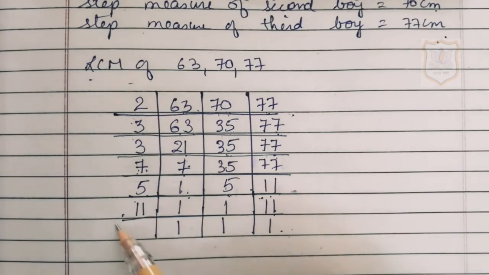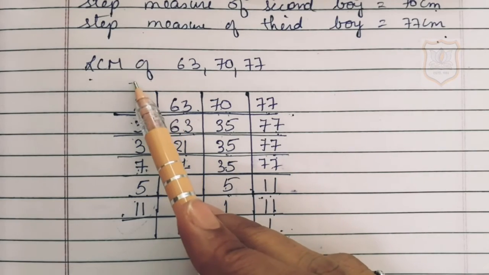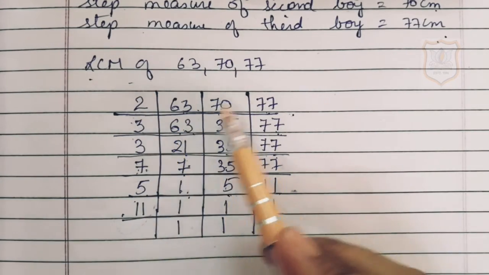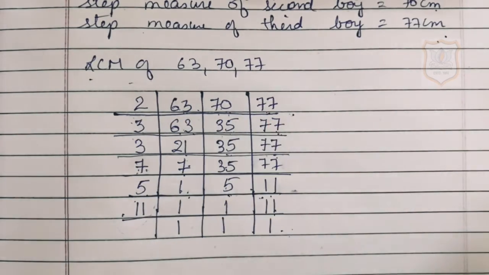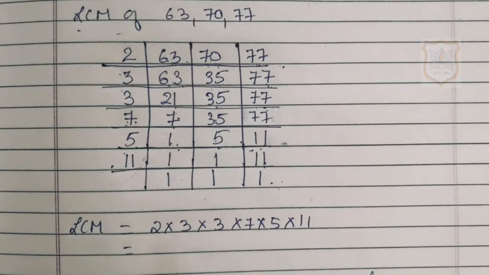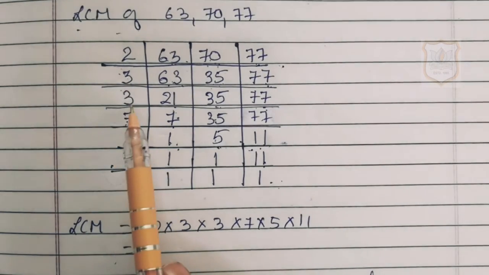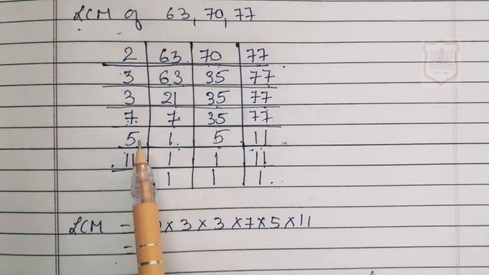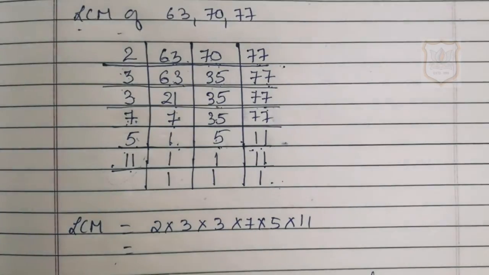Now these all are the prime factors of common multiples of 63, 70 and 77. Now students, here in the LCM we will write 2 multiplied by 3 multiplied by 3 multiplied by 7 multiplied by 5 multiplied by 11.